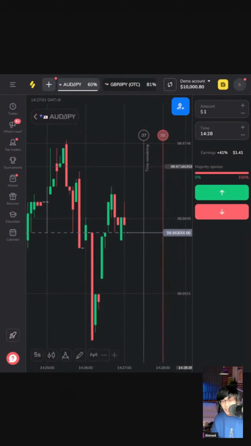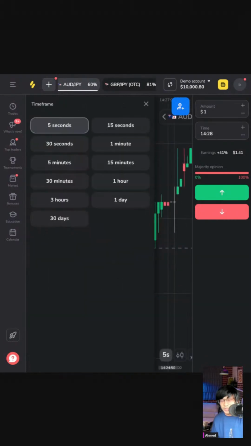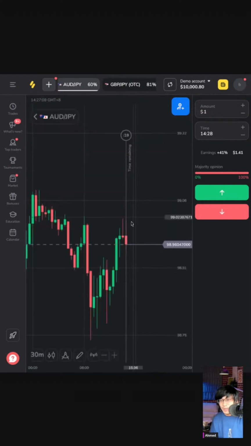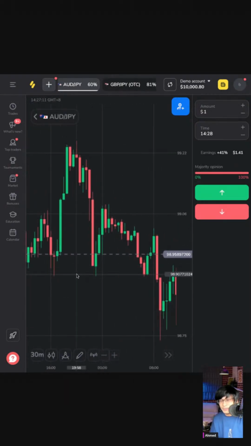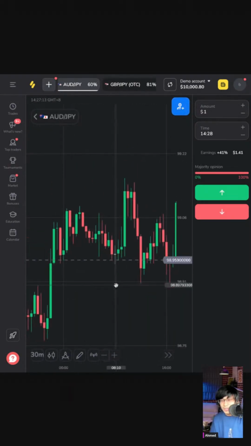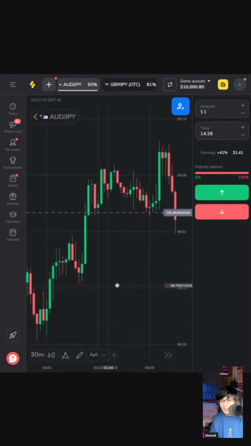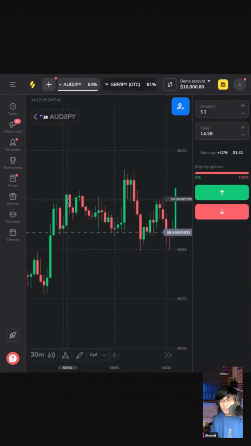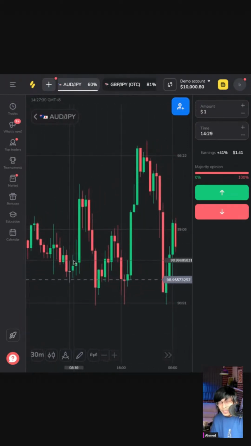So if I'm looking at this asset here, AUDJPY, I'll do a 30 minute time frame analysis on it. It's not going to continue forever. If you look at this asset, it is going up, and then it comes back down, and it stays in this flat range for quite some time, and then it goes back up.